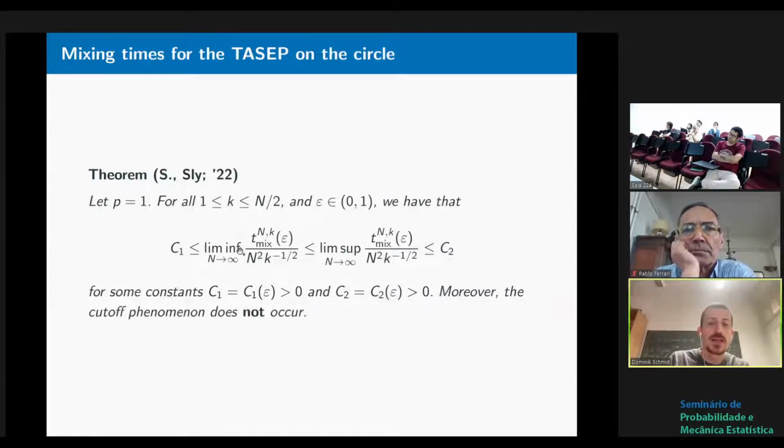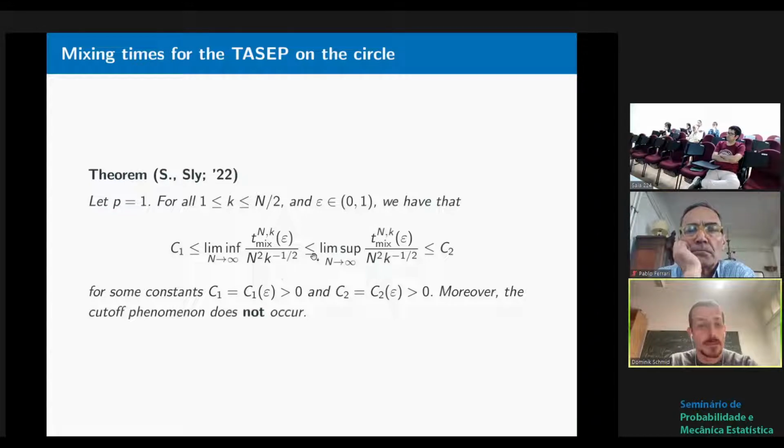But here we see that the more particles we have, so when k goes to infinity with n, the faster the TASEP on the circle actually mixes. So this is maybe a bit strange, and I will explain it in more detail very soon.